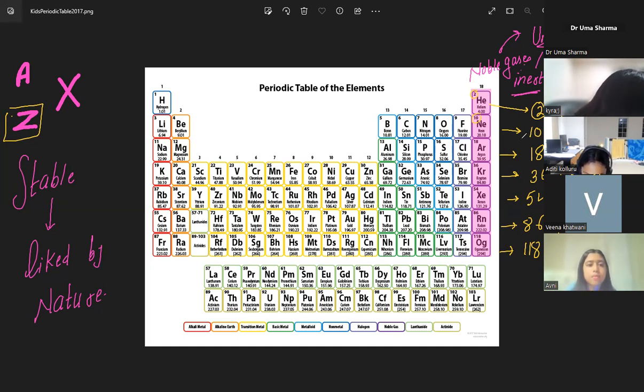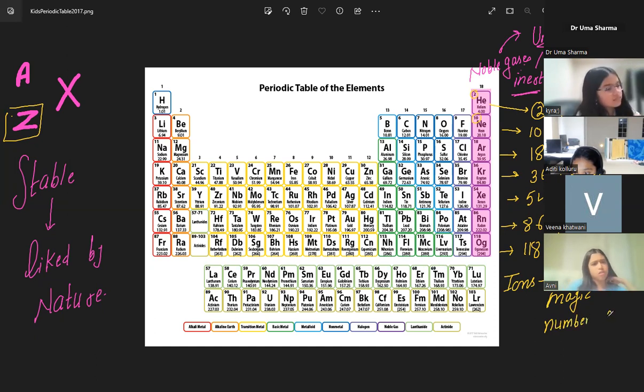So these are magic numbers. Now elements with these electrons, we don't have elements with these electrons, right? So ions, ions means cation, anion, with these magic numbers, with magic number of electrons.